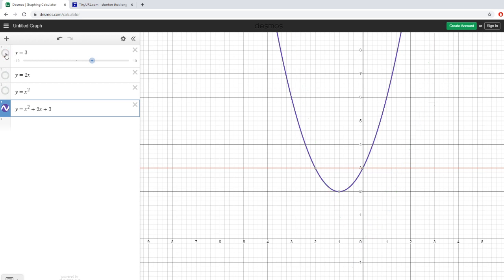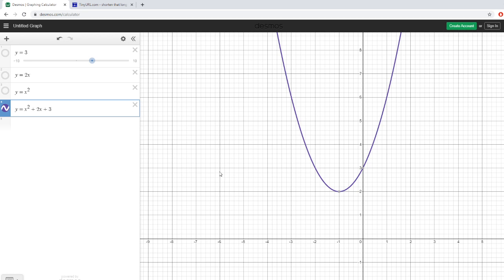Let me turn them all off, and that's that addition of all those different little functions together. So we can now think about quadratic equations visually as the sum of all of their parts, you know?